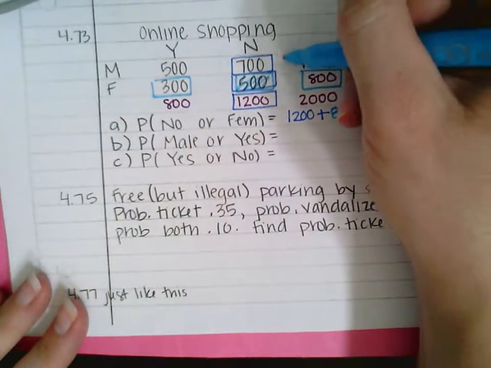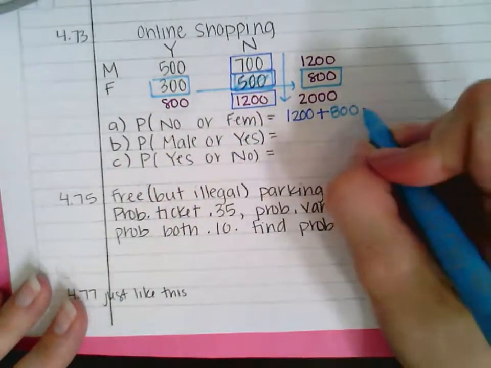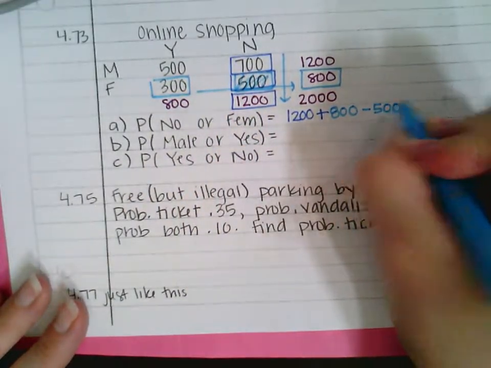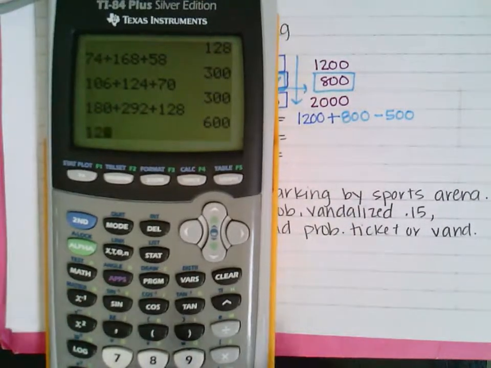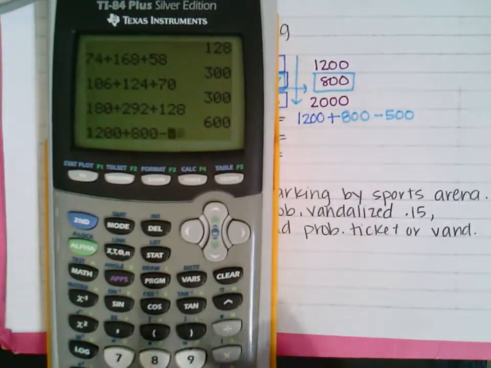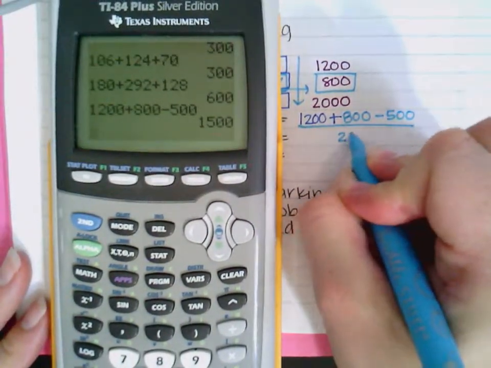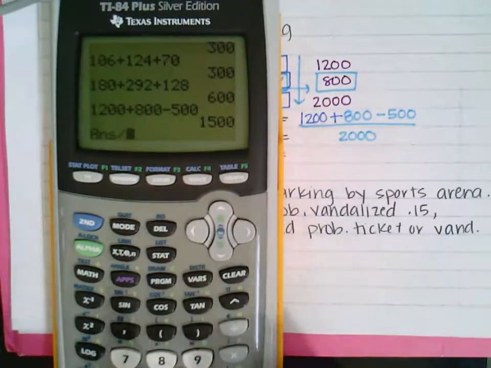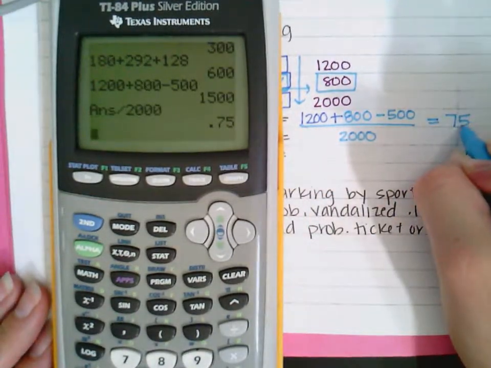I counted it once in my 1200 and once in my 800. So I have to subtract that piece out. So 1200 plus 800 minus 500, and then again we divide that by 2000, and we get 75%.